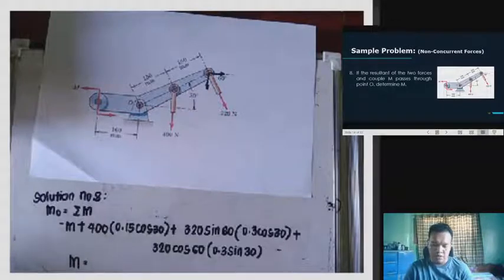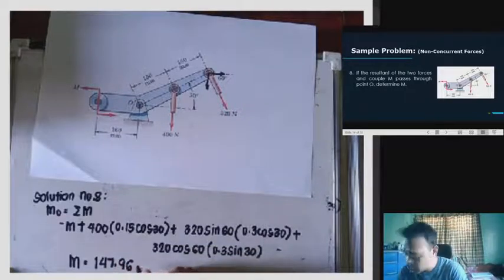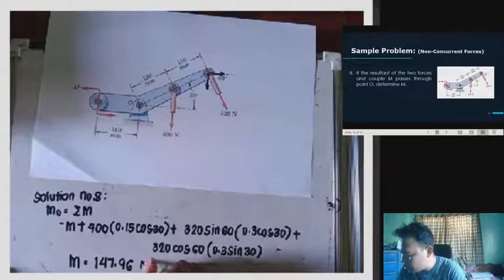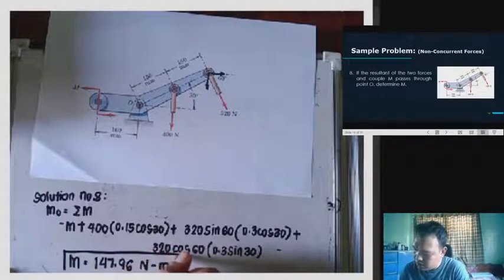So we have here 147.96. M is equivalent kay 147.96 Newton meter. So this will be the value of moment M.